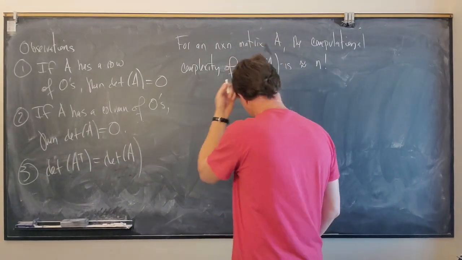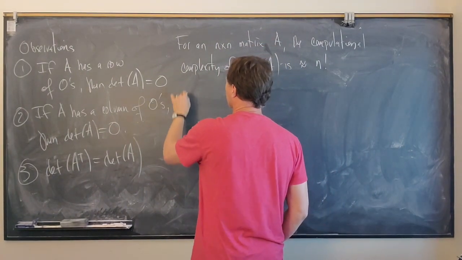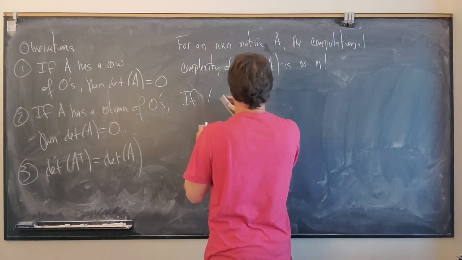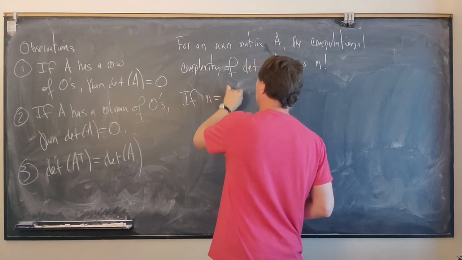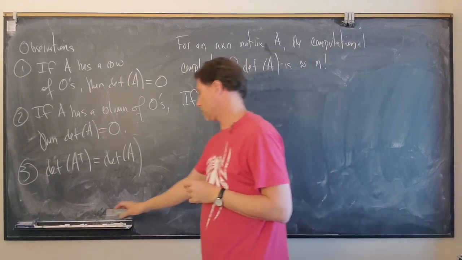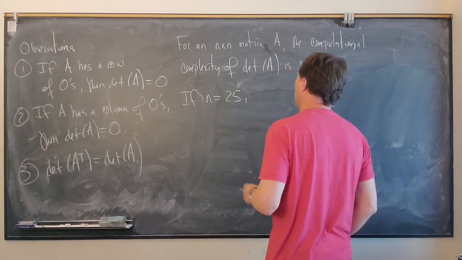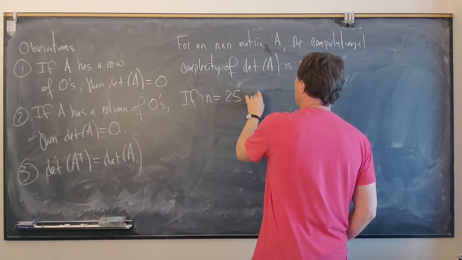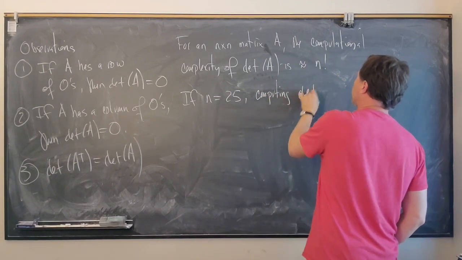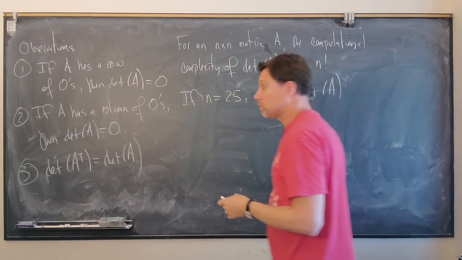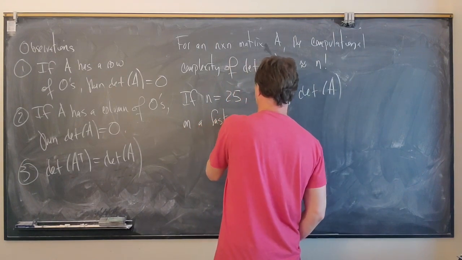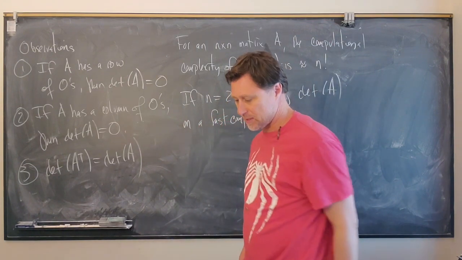So if n equals 25, meaning A is a 25 by 25 matrix, computing the determinant of A on a fast computer, I don't know exactly what fast means these days.